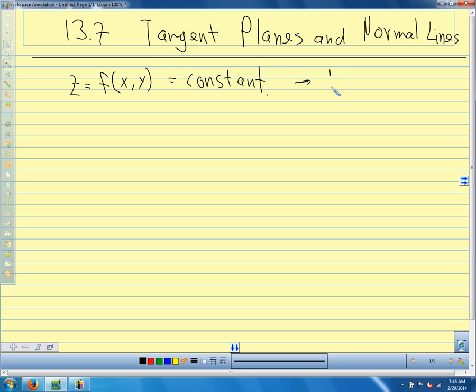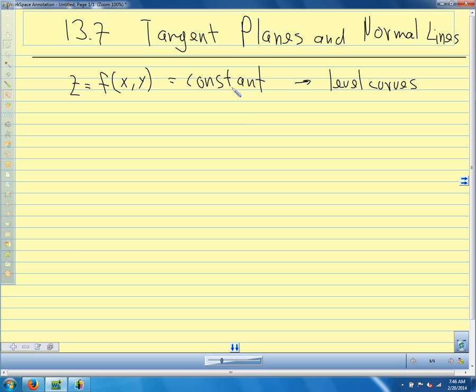Last time we talked about how the gradient is orthogonal to level curves, and the direction of the tangent vector to the level curve, 90 degrees from the gradient, is the direction of zero change on our surface along the level curve.